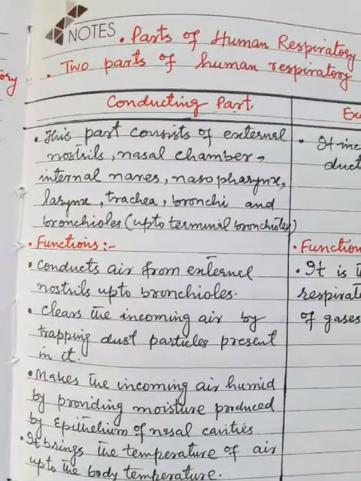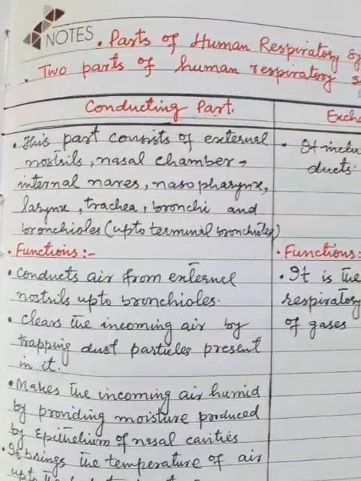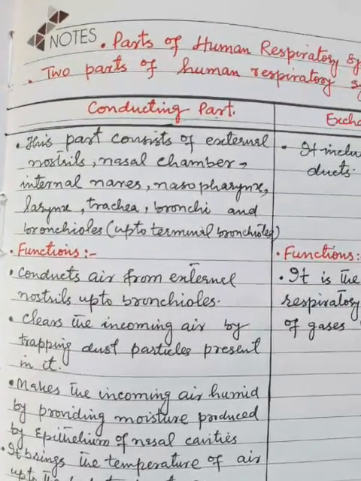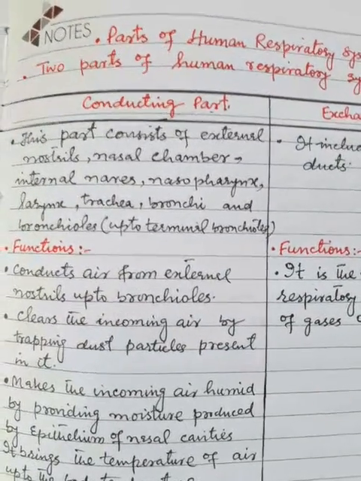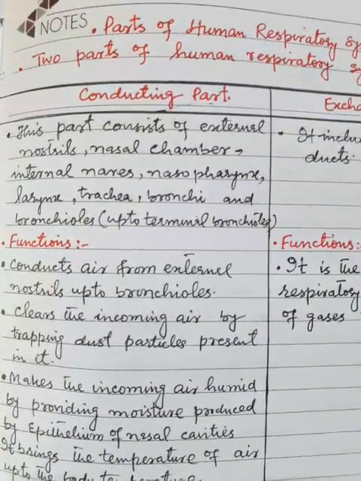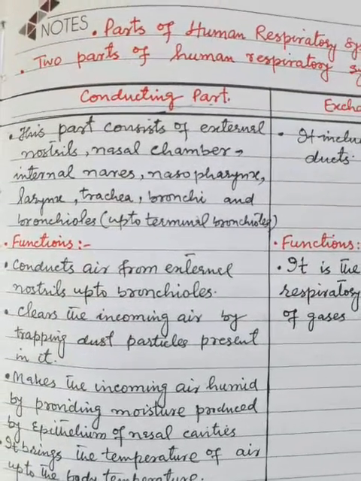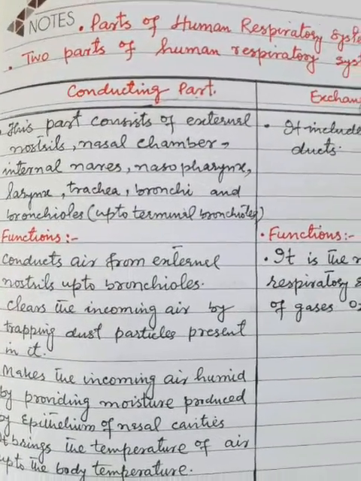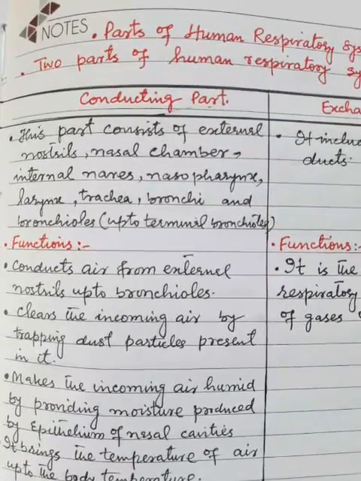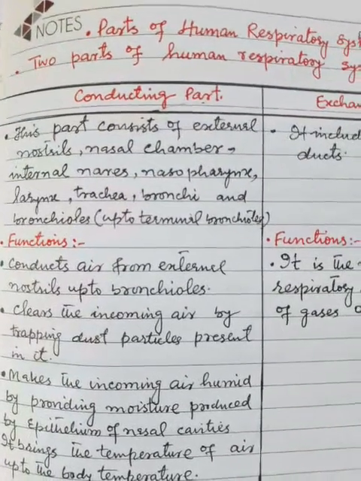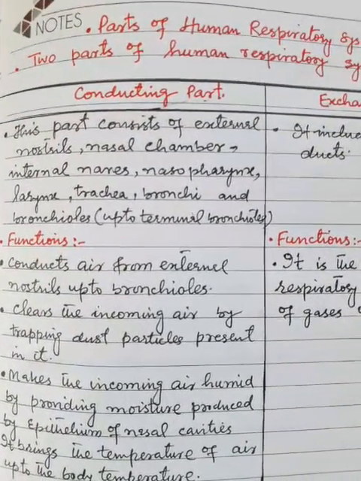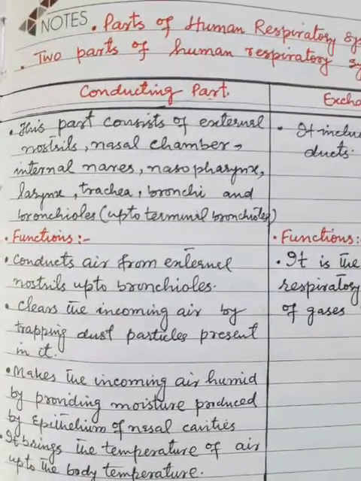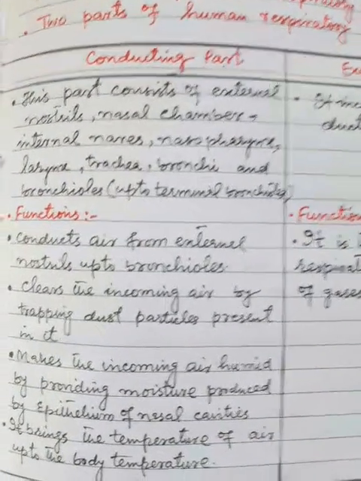The conducting part consists of external nostrils, nasal chambers, internal nares, nasopharynx, larynx, trachea, bronchi, and bronchioles up to terminal bronchioles. Now the functions of the conducting part.